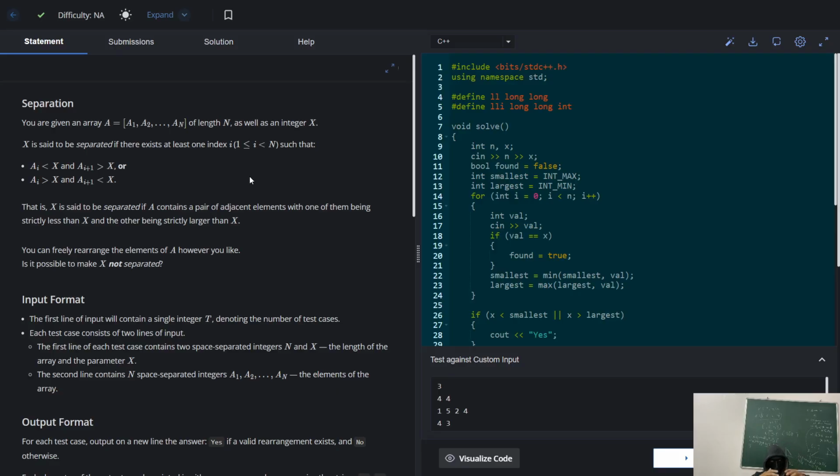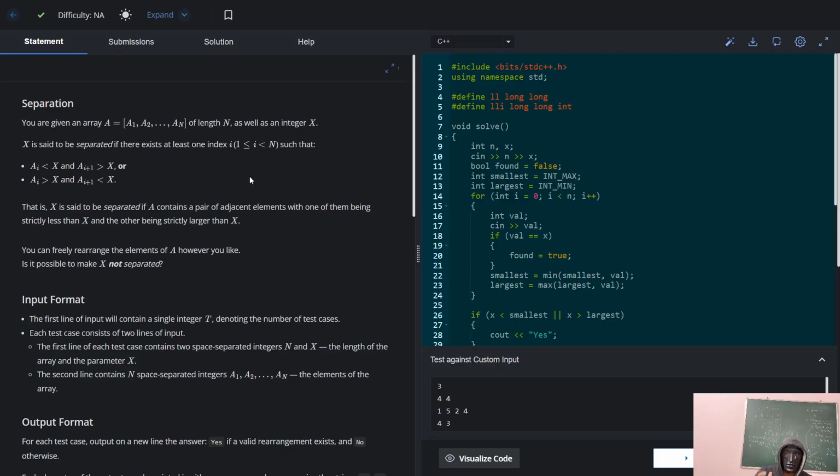So like you could observe, in an array, if you make any arrangement, and if your element x is in between the largest and smallest element, then no matter what arrangement you make, there will be a certain point wherein you have an element greater than x and one less than x. So this is always true.